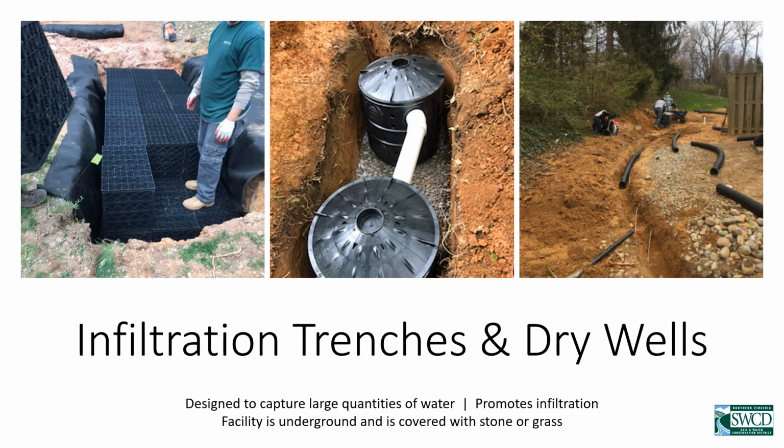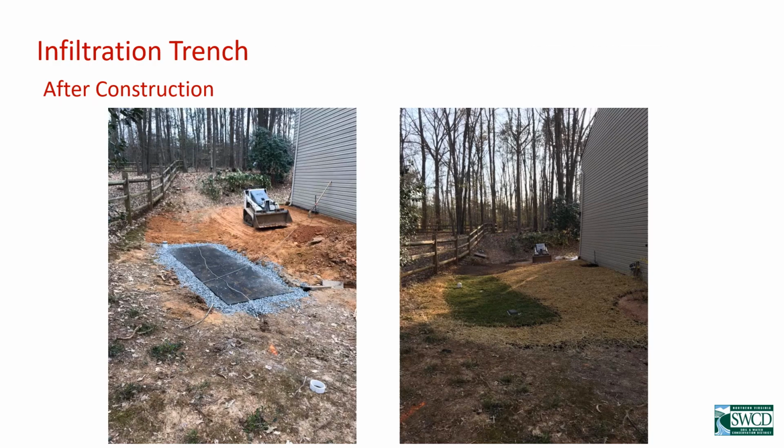In the middle you see the same idea with the dry well, where these barrels will hold more water than we can calculate for a gravel bed, and so they are space savers. And here is that infiltration trench after it was put in and then sodded over.